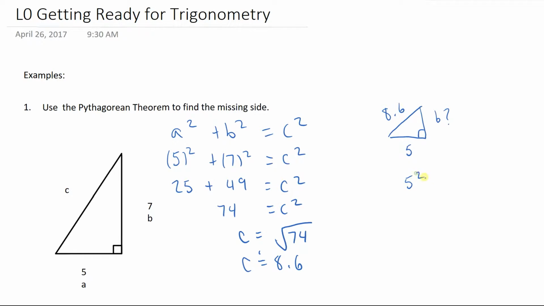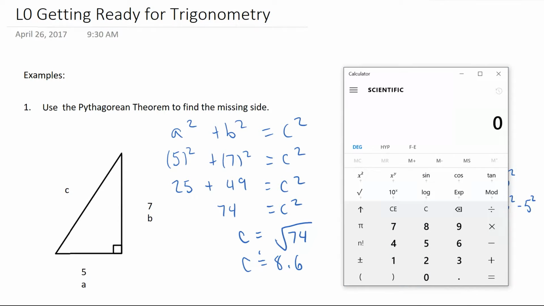We would have 5 squared plus b squared is equal to 8.6 squared, and we would have to move the 5 squared over to get b by itself. You need to remember to subtract the 5 squared because the balancing step would be to subtract from both sides.